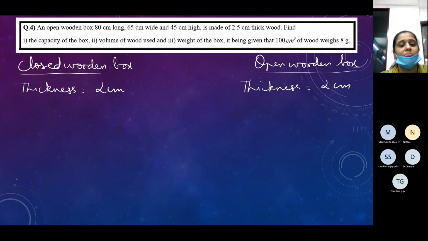Supposing the external dimensions, I'll say capital LBH, okay?